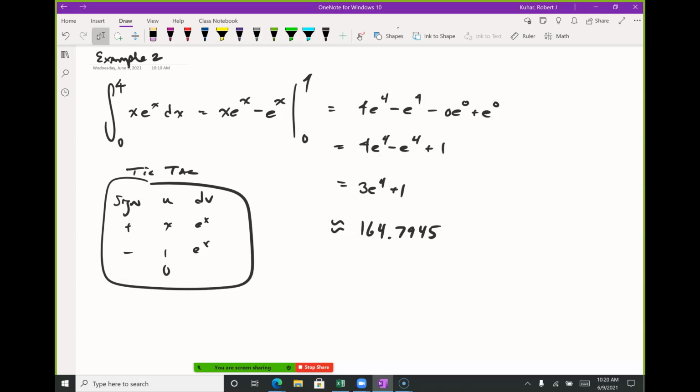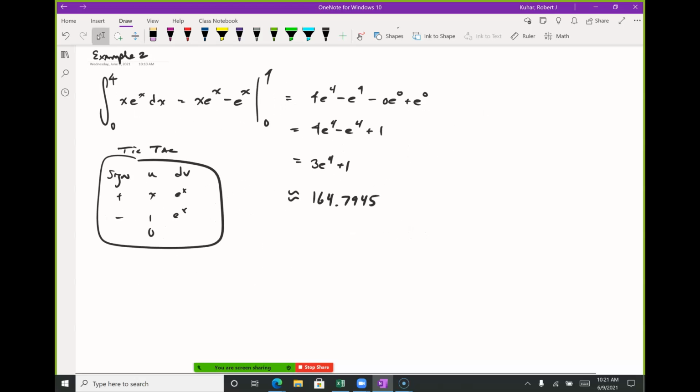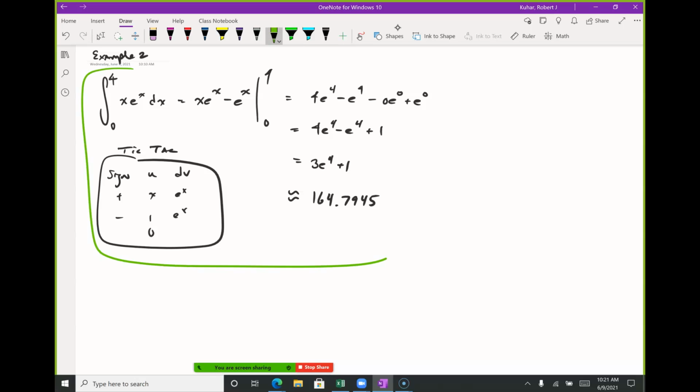Do four partitions? Yeah, we're going to do 4 partitions, exactly. So I know, Charlie, you have a hard time waiting, so go for it. So what we did here was integration by parts, right?